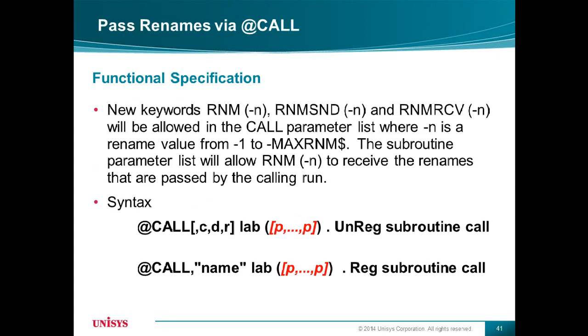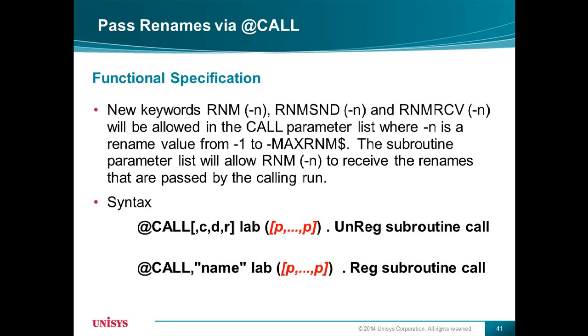The next enhancement is to the pass renames via artcall. We have added 3 new keywords that can be accepted in the artcall parameter list. The first one is RNM, then RNM send, and RNM receive. RNM passes the results report that has to be renamed, and that can be accepted in the subroutine.